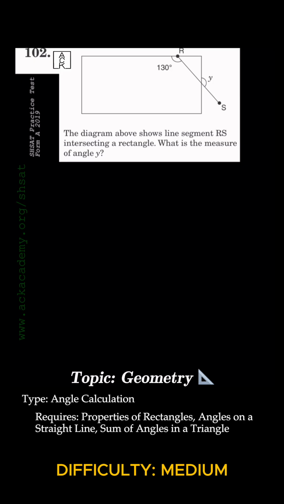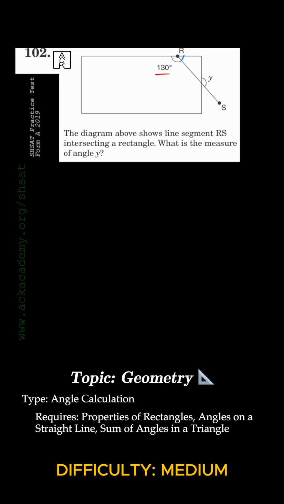And in this case, we have 130 here. And we need to know that this line basically totals 180. Okay? So if that's 180, how can we figure out what this guy is?